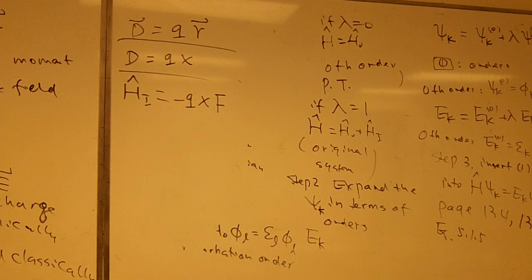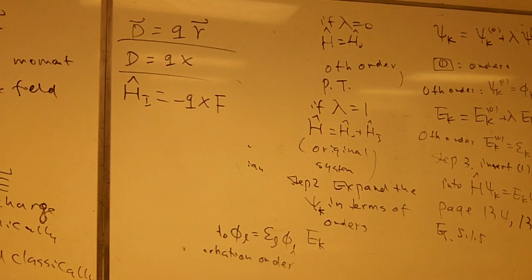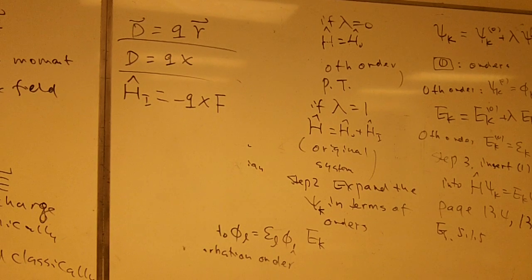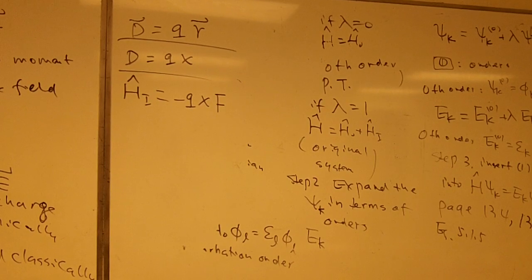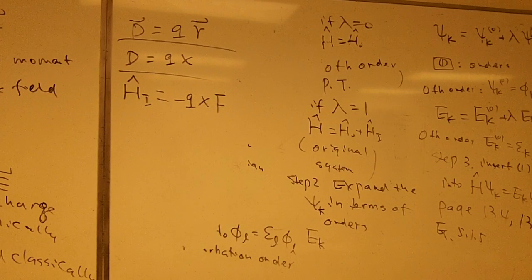We have ⟨k|x̂|n⟩ equals the square root of ħ over 2mω times the quantity: the square root of n times ⟨k|n−1⟩ plus the square root of n+1 times ⟨k|n+1⟩, which yields all of that.